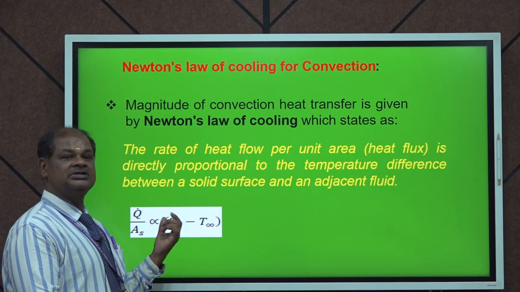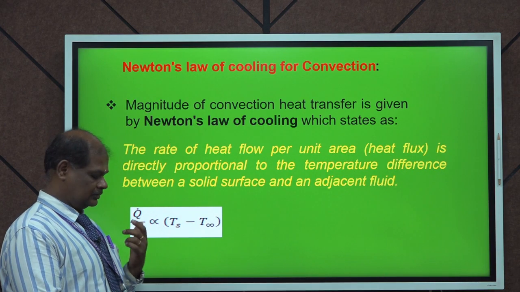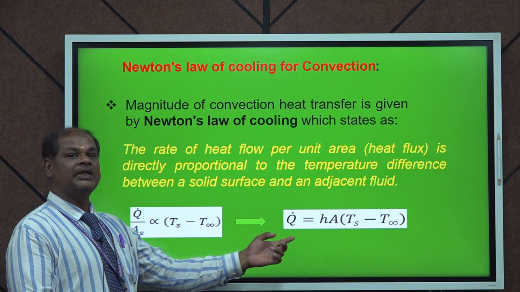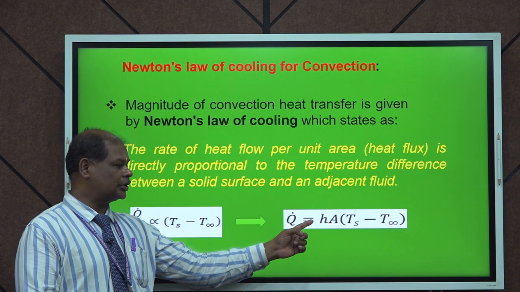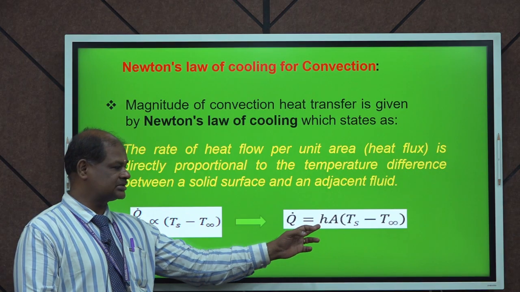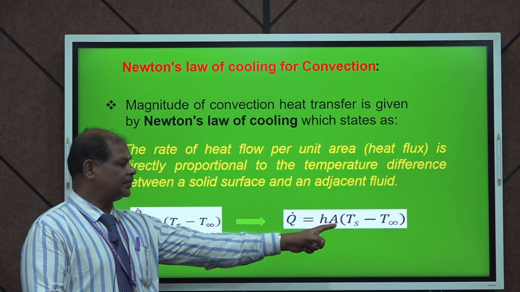Removing the proportionality, we add the constant: Q = hA(Ts - T infinity), where h is the heat transfer coefficient and A is the area.